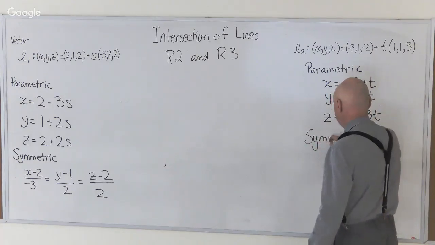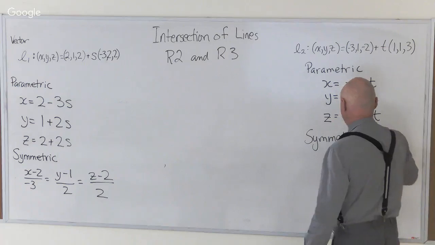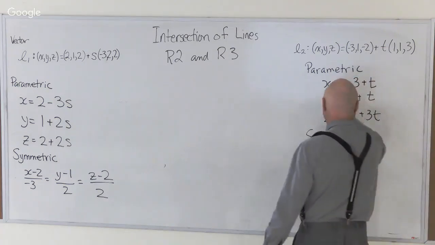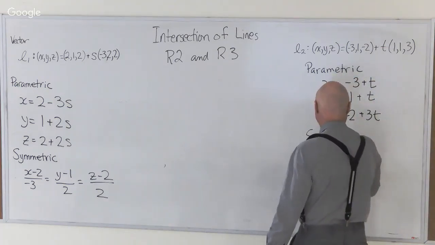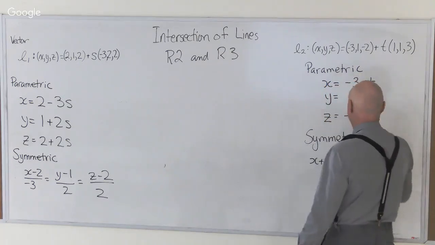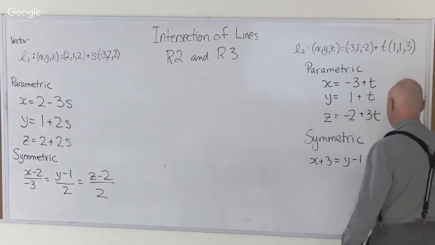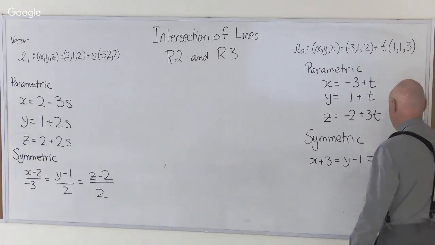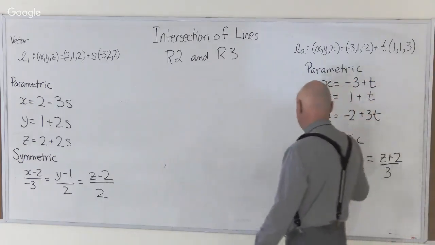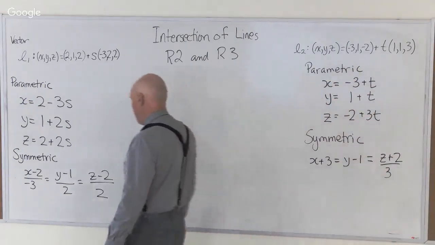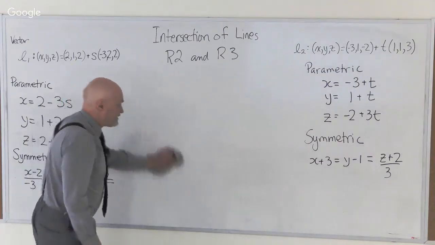If I convert these all to symmetric form, which is easy, t is equal to x plus 3, t is also equal to y minus 1, and t is equal to z plus 2 divided by 3. So there's my symmetric form for the second line.